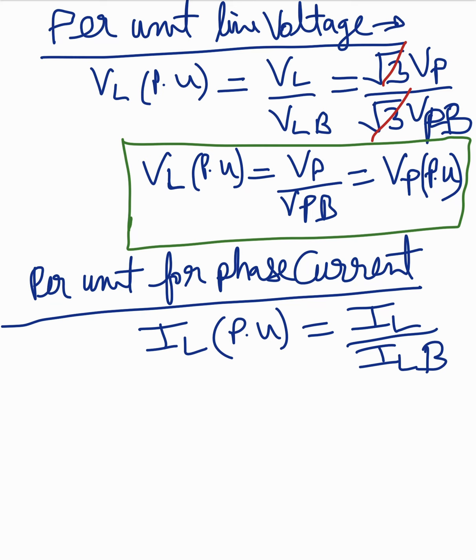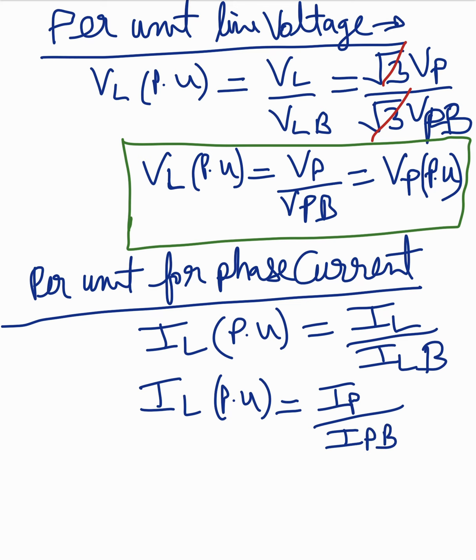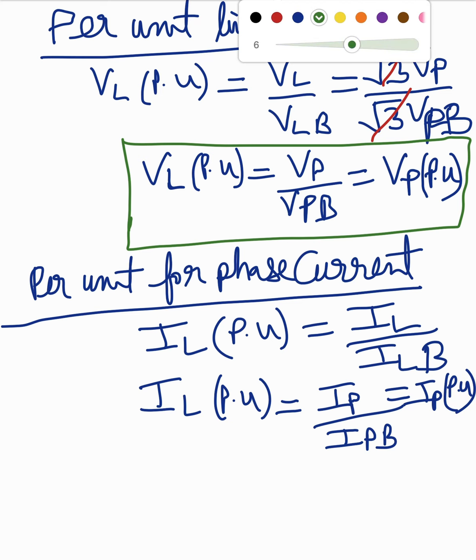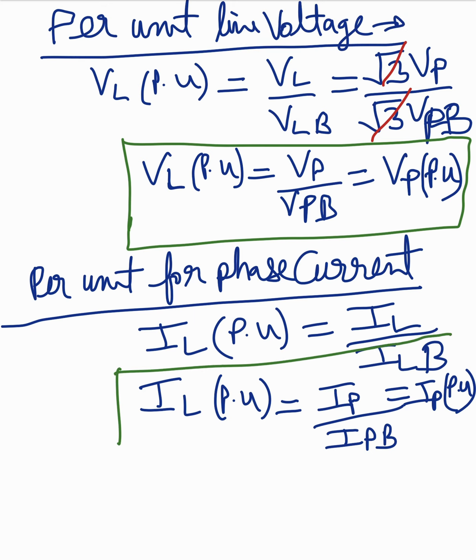So IL is equal to IP and ILB is equal to IPB. So put that value for the star connection, that is IL per unit is equal to IP upon IPB, that is equal to IP per unit. That is the value of per unit phase current.